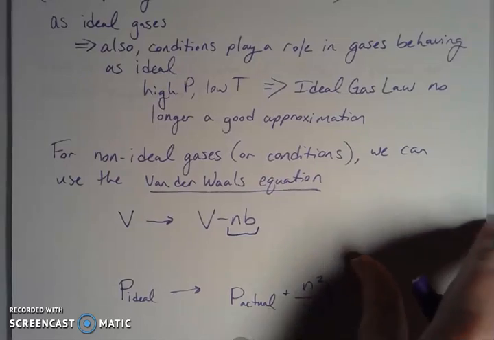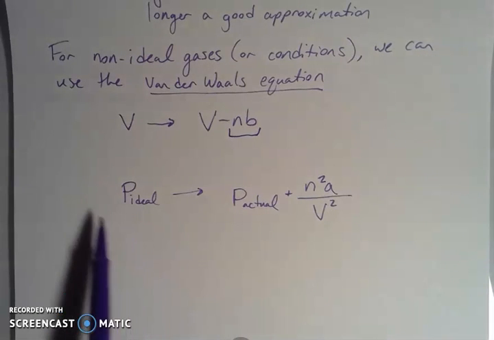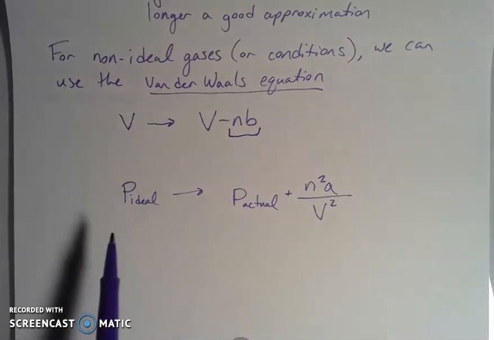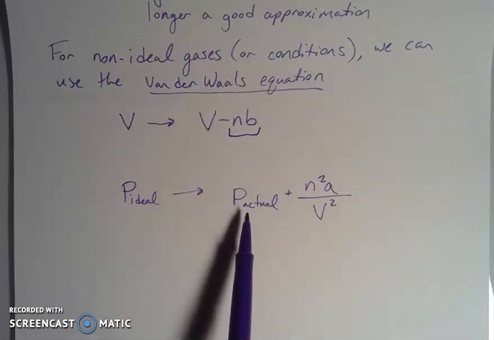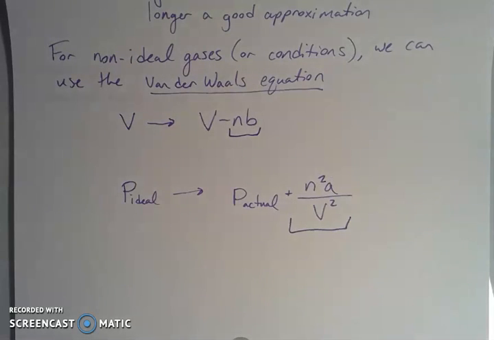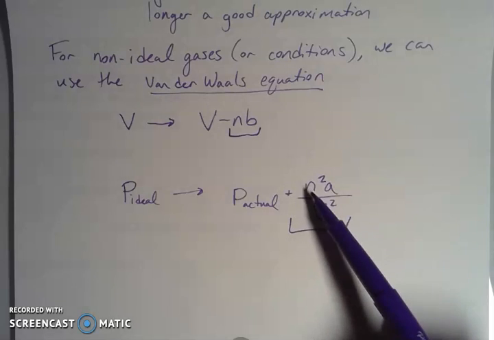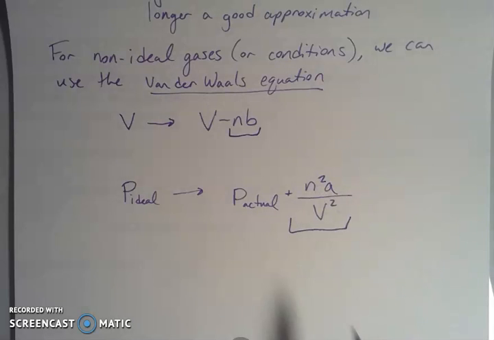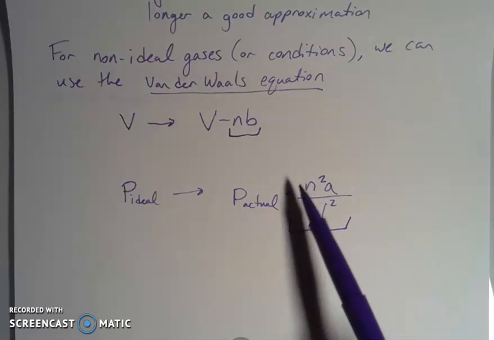Now for pressure, we said those attractive and repulsive forces are going to have an impact. So in the ideal PV equals nRT, it changes to whatever the actual pressure is, and then we have this term that factors in the space that these particles take up, and the interactions between them based on how many there are, the n, and the volume of the container.